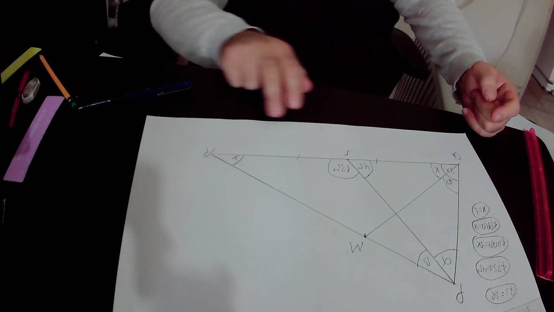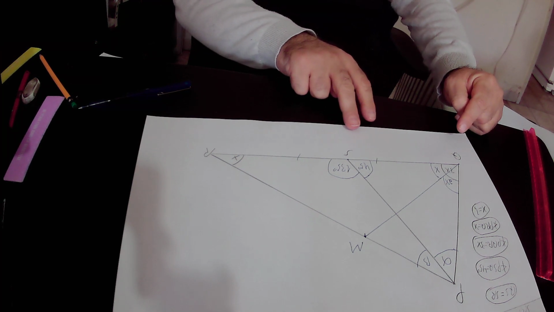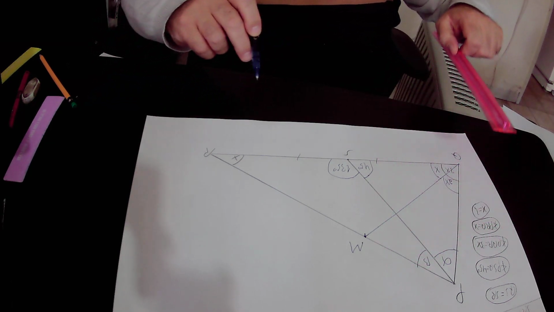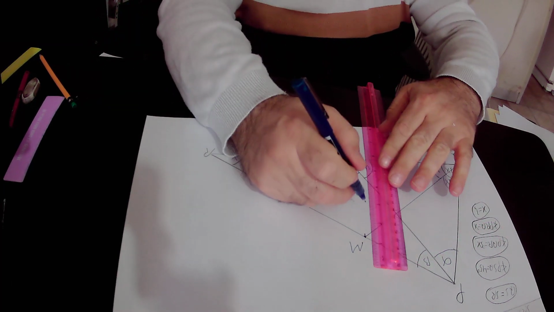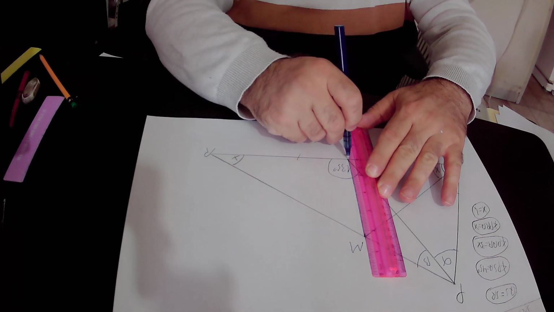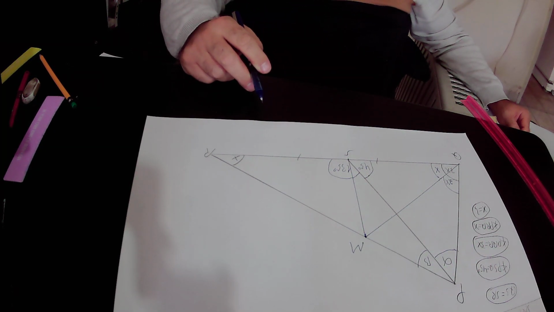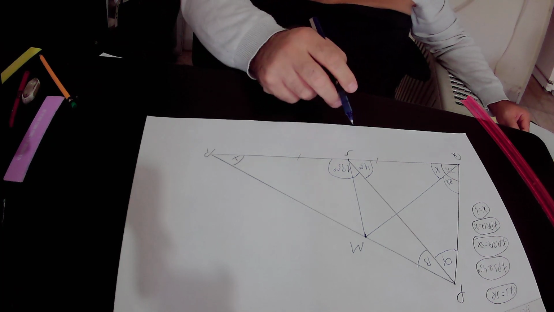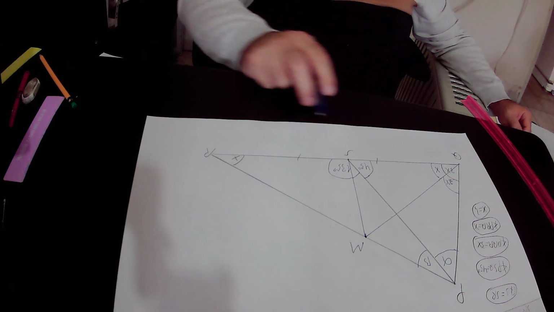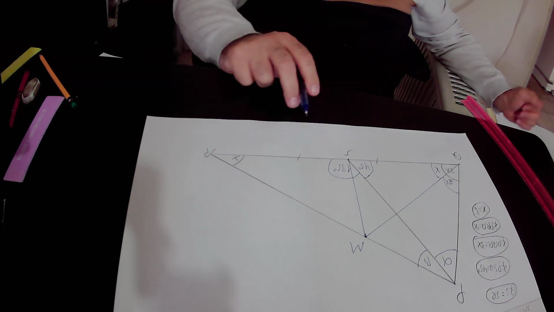The base is QR. It is given in the question that QS equals SR. So we will join points M and S together by a straight line. MS is the median to the base of isosceles triangle QMR. Why is MS the median? Because it bisects the base QR into two equal parts. That is to say, QS equals SR according to what is given in the question.